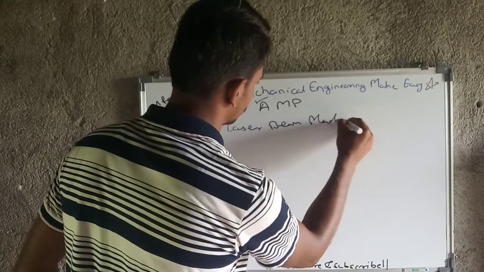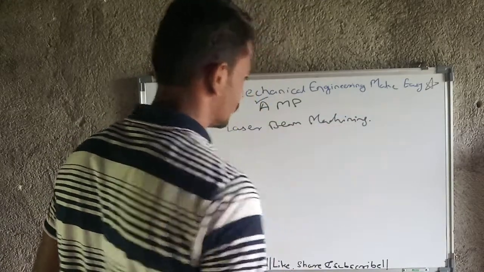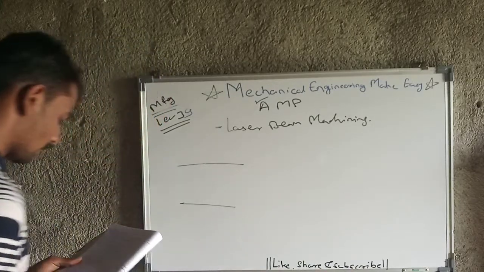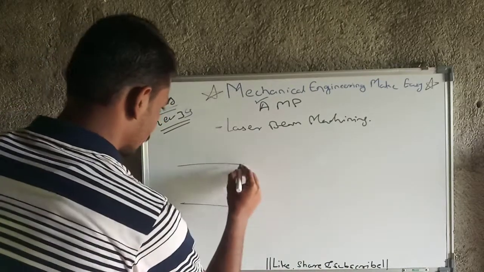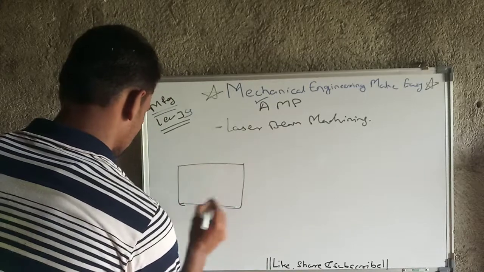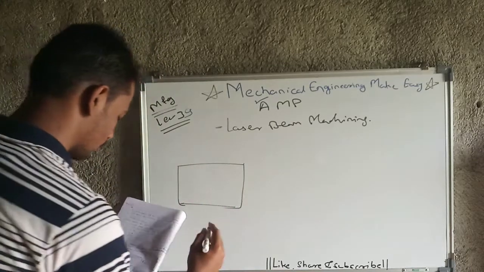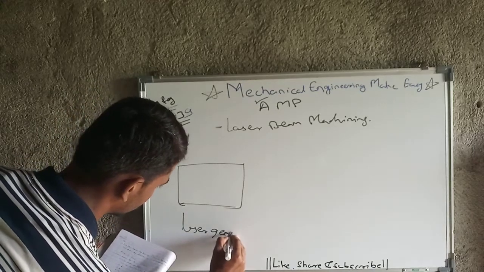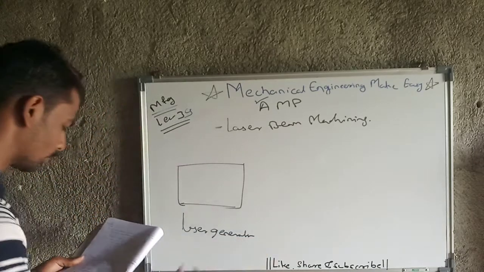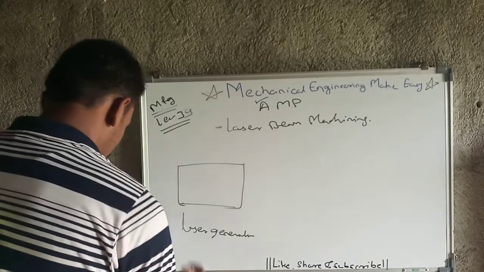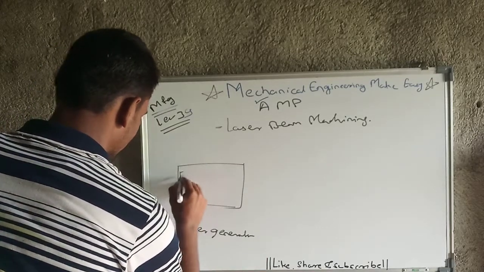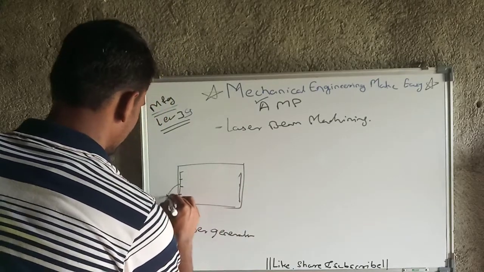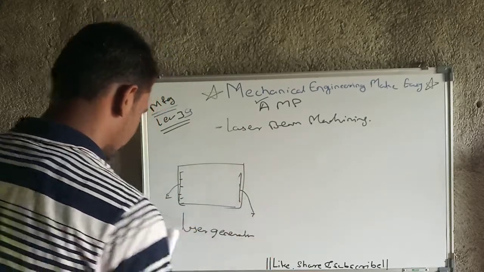Laser beam machining. So how will it happen? There will be one apparatus which is nothing but a laser generator. It is the laser generator which is going to generate the laser beam, that will have here a fully reflecting mirror and here a partially reflecting mirror. This is fully reflecting and this is partially reflecting.